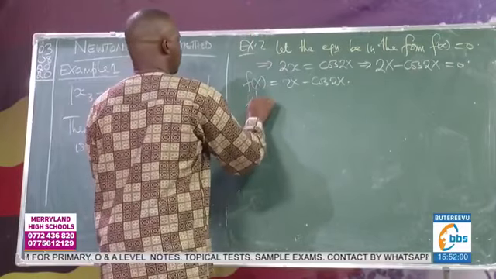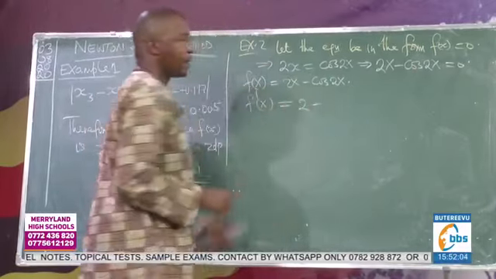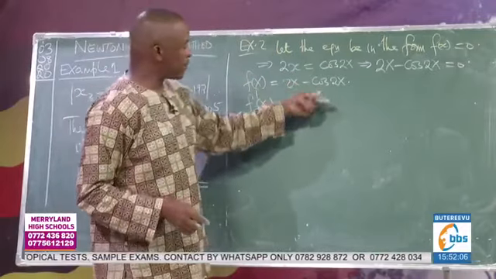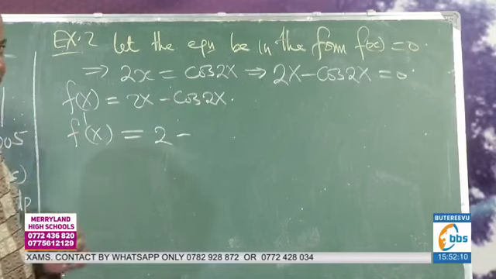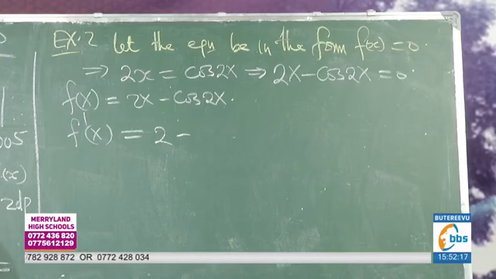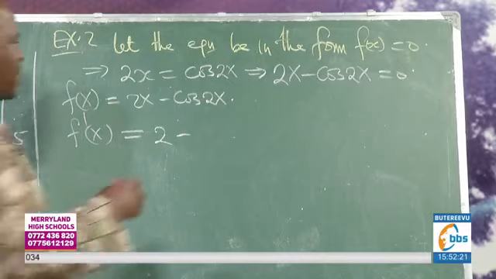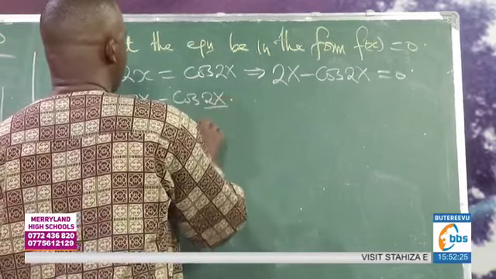Our derivative will give us 2. If we differentiate a cos that has this part, it will become a sine. But usually, d by dx of cos of x is minus sine of x, so it is going to become a positive. I will simply tell you what happens. We differentiate this first, and we get a 2.